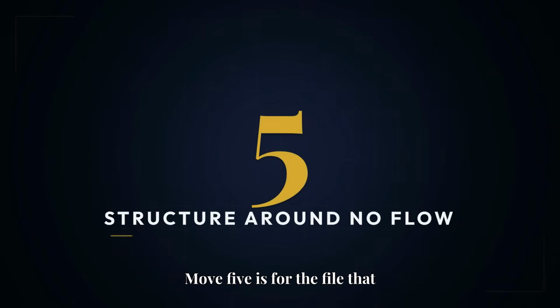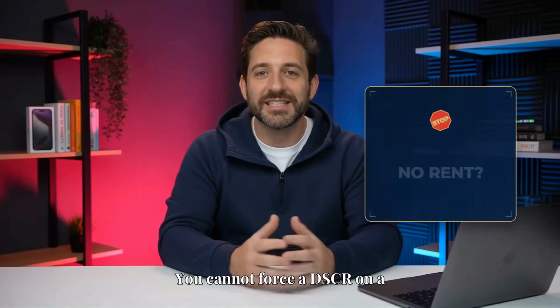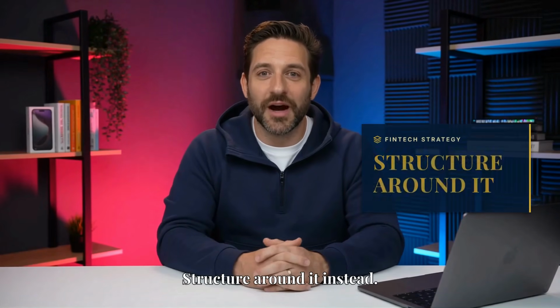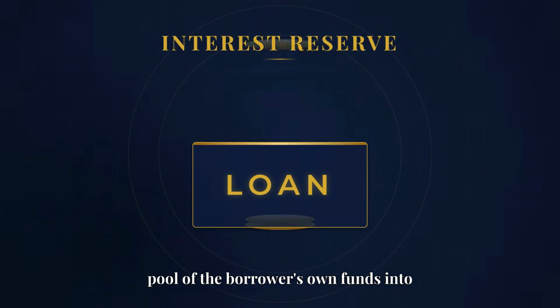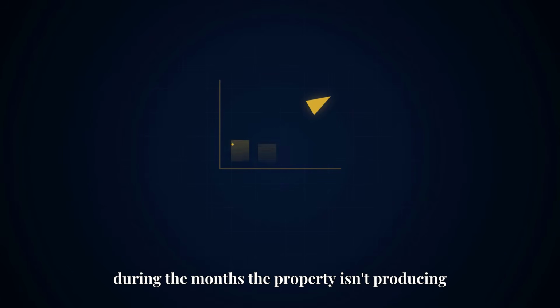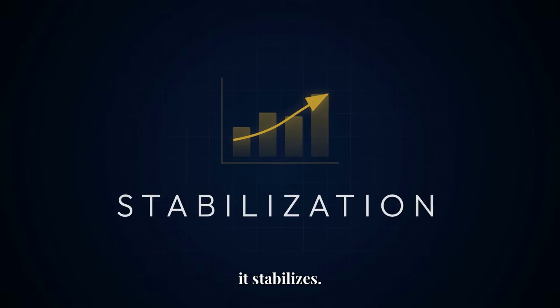Move 5 is for the file that has no current cash flow at all. The flip, the vacant unit, the property mid-renovation. You cannot force a DSCR on a property that isn't rented yet, so stop trying. Structure around it instead. 2 ways. 1. An interest reserve. You build a pool of the borrower's own funds into the loan to cover the payments during the months the property isn't producing income, so the deal carries itself until it stabilizes. 2.